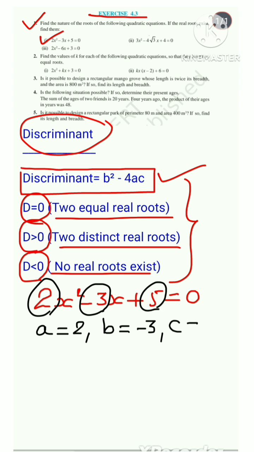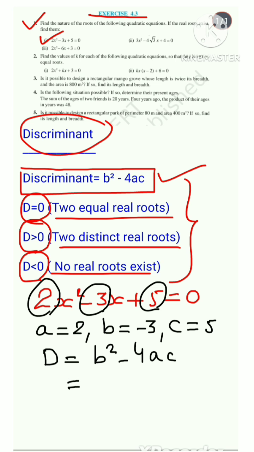Now, for the discriminant we have the formula D equal to b square minus 4ac.